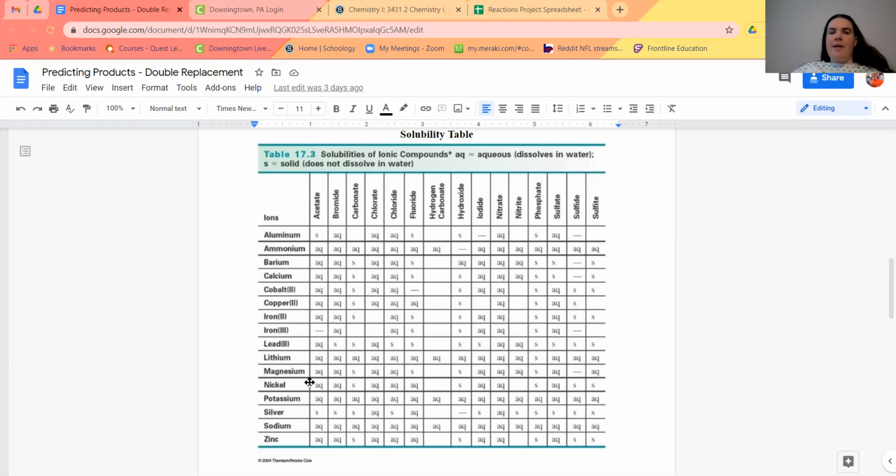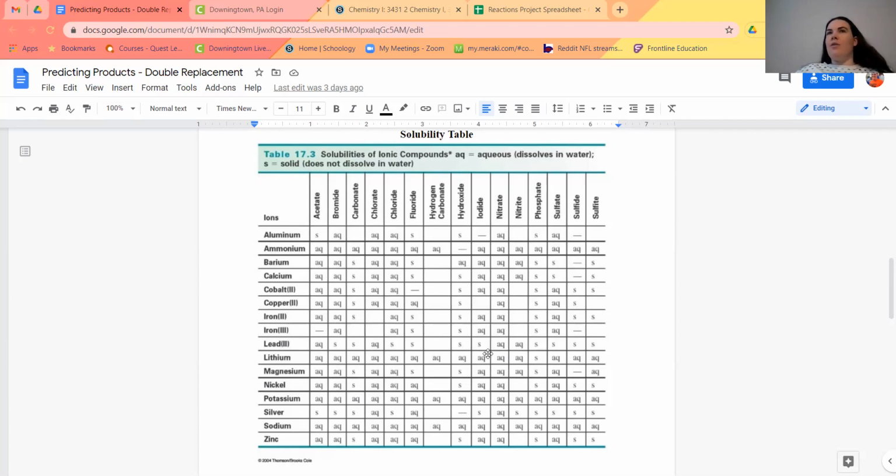We also had potassium iodide, and we can see everything from potassium is an aqueous solution. So that one was AQ as well. On the product side, we would check our chart. We had lead-2 iodide. So if we go over to iodide, we see S. So that's a solid. This would be our precipitate.